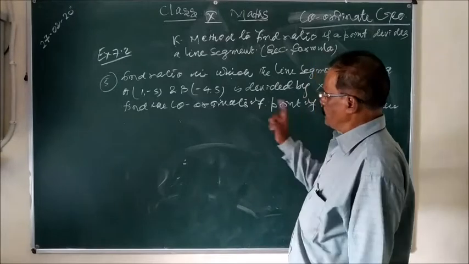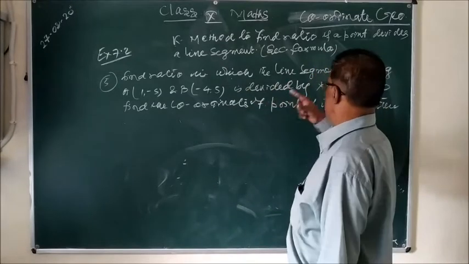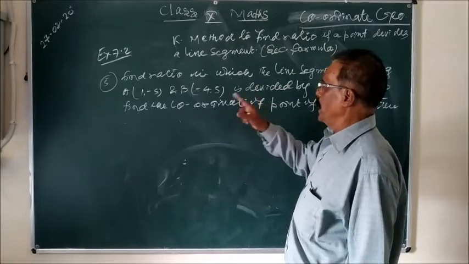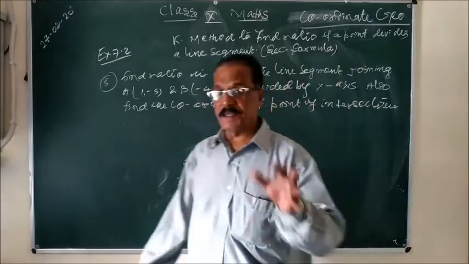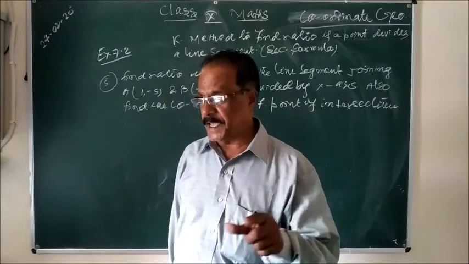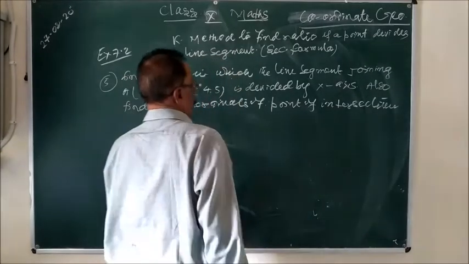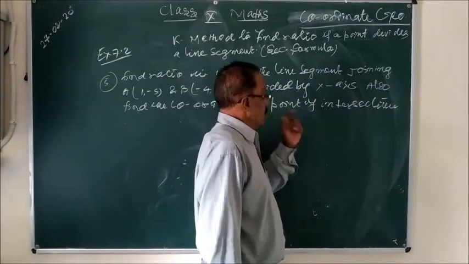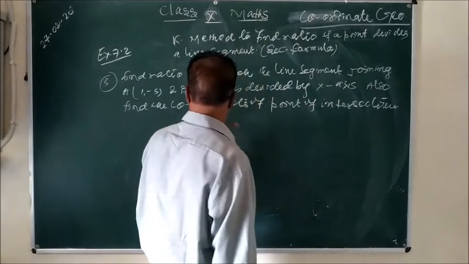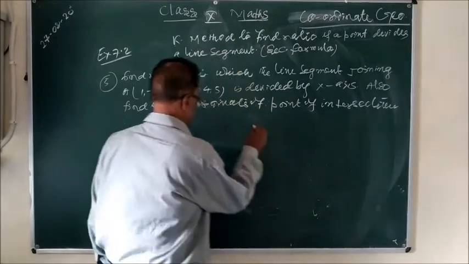So one question: find the ratio in which the line segment joining A and B, these are in brackets, which means these are the coordinates of the endpoints A and B, is divided by the x-axis, and also find the coordinates of the point of intersection.